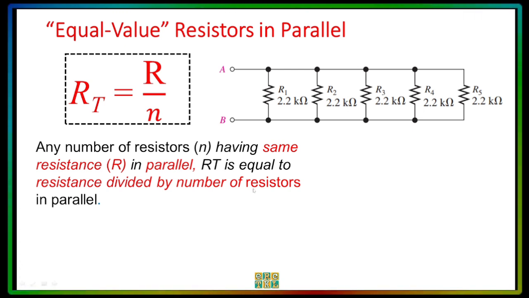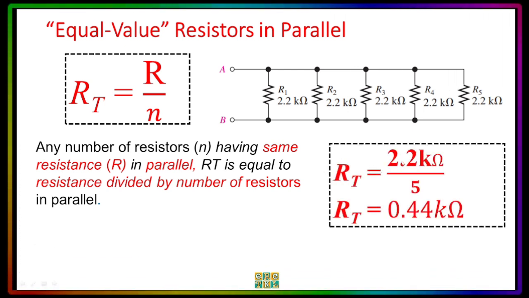To make it clearer, let's look at this. 2.2 kilo ohms divided by 5. The 5 came from the number of resistors that we have. We have 5 resistors, so we divide by 5 and we got 0.44 kilo ohms. Again, the total R or RT is smaller than the value of the resistor here.